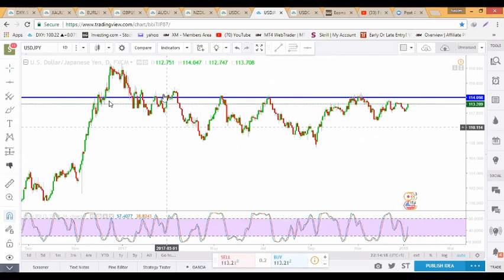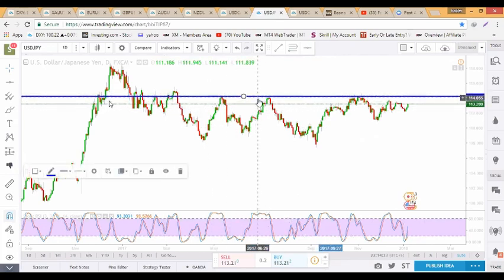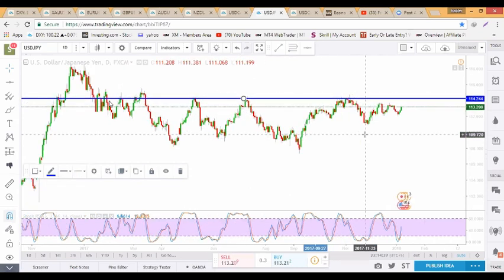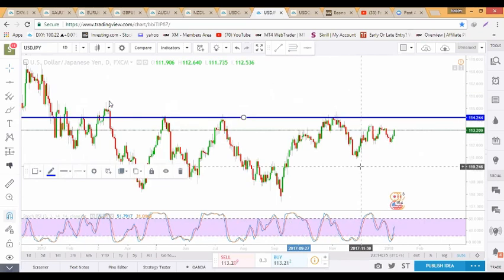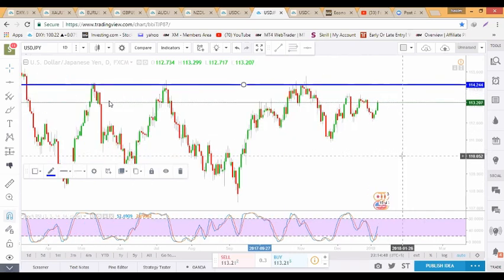So if you are seeing these prices being rejected so many times, maybe it's because of the central banks, or their industries, or exports and all these things. They just want to keep it in balance. But at the end of 2018, I'm expecting it to cross around 118 and above. But what do you think within the week?